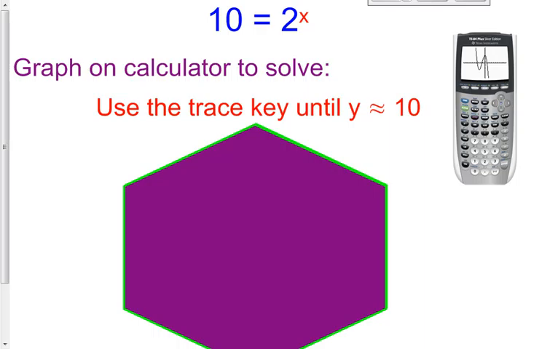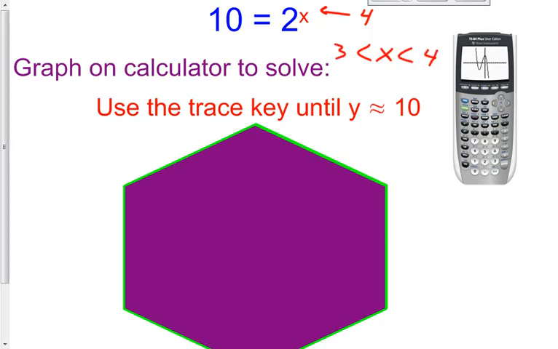I ask you this question: 2 raised to x, when does that equal 10? Well, I know 2 squared equals 4. 2 cubed is 8, so we're getting closer. 2 raised to the 4th is 16. Now we're too high. So I know that x has to be somewhere bigger than 3 but less than 4.